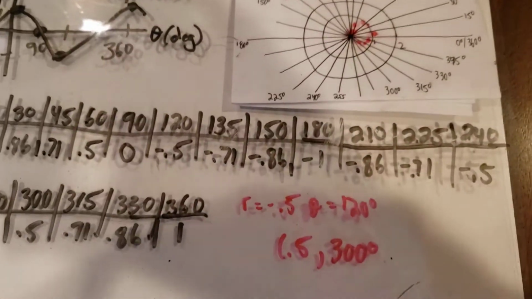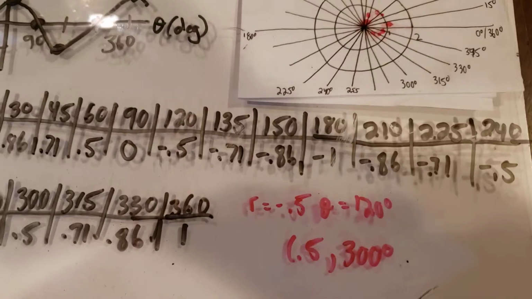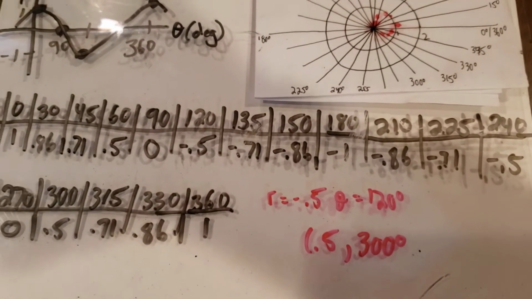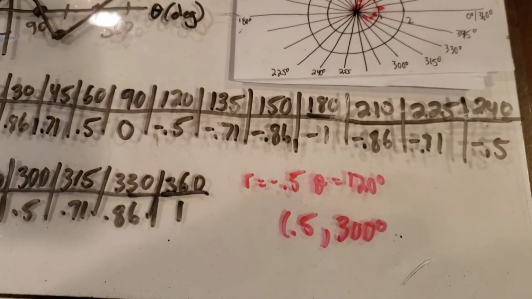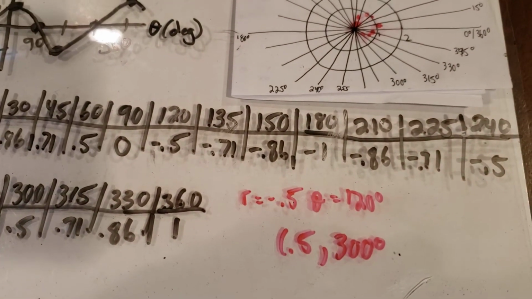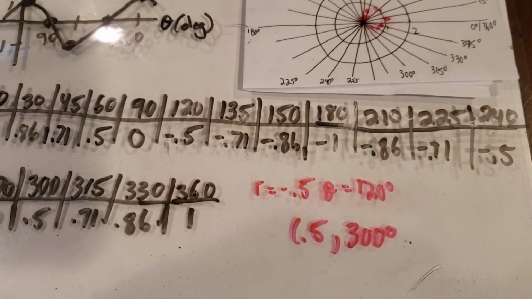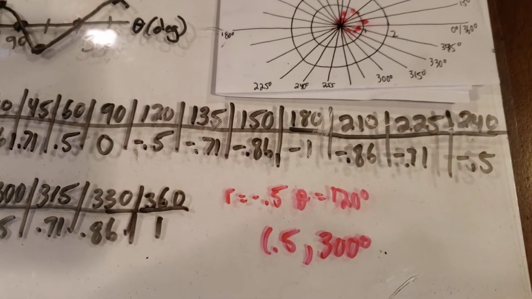And then if you continue, 210 theta, -0.86. If you write that with a positive r, you add 180 to 210 and you are going to be at 390.